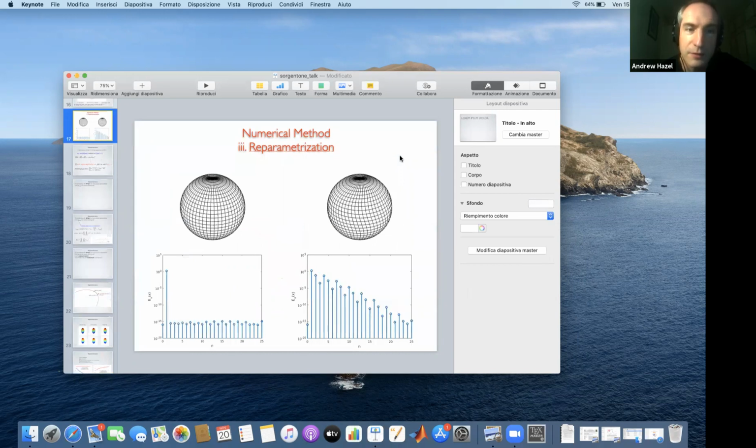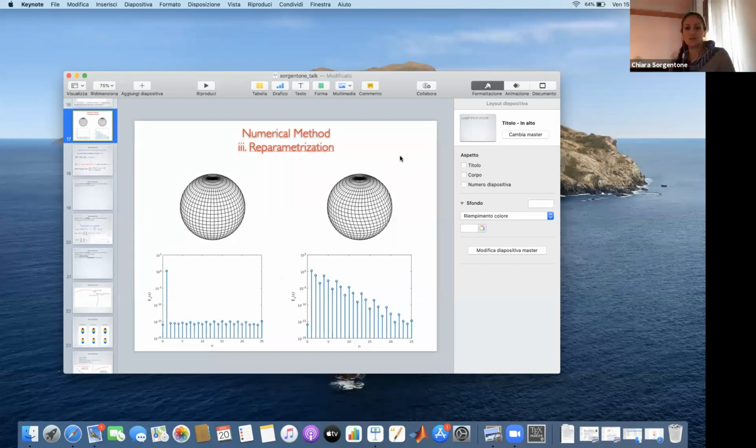You're not allowing for changes in numbers or connectivity. Exactly. Yes, you said it correctly. So the number of points is the same, and I'm just representing the same surfaces with the points in different positions. And how exactly do you ensure that they stay on the same surface once it's deformed?